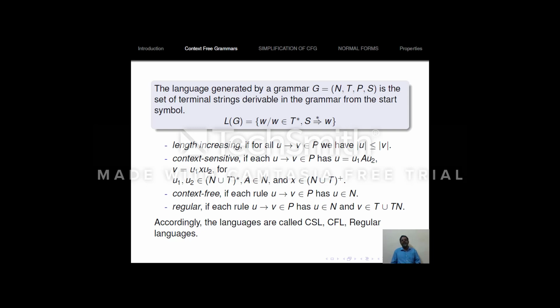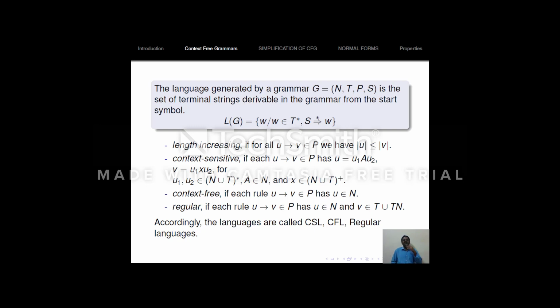So now this phrase structured grammar is classified into four types of grammar: length increasing grammar, context sensitive grammar, context free grammar, and regular grammar, based on certain constraints, certain conditions.